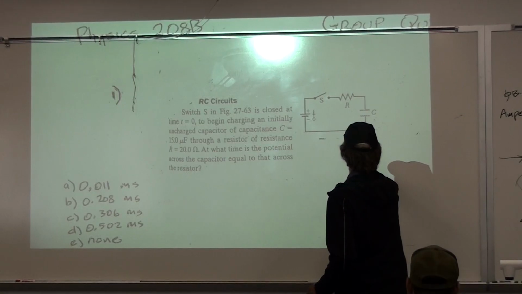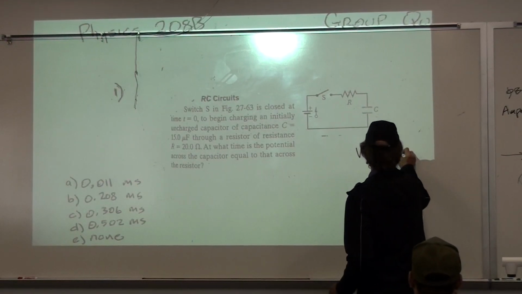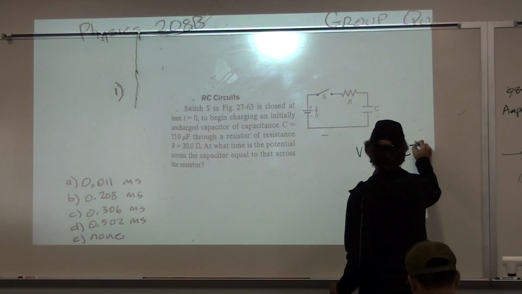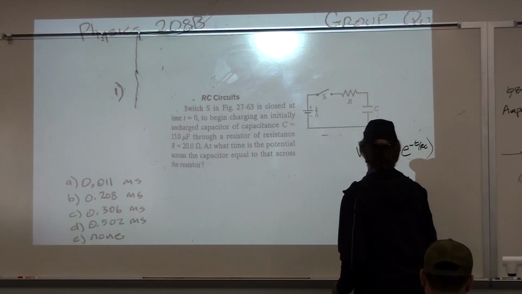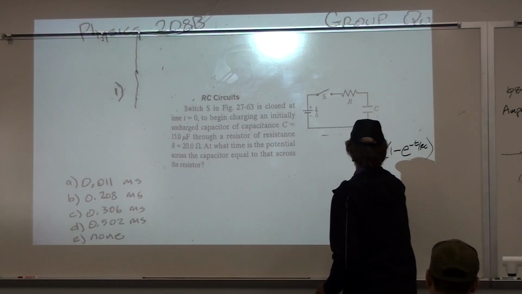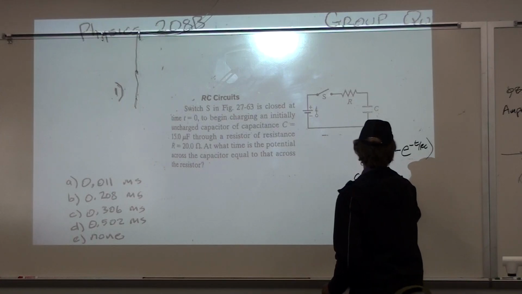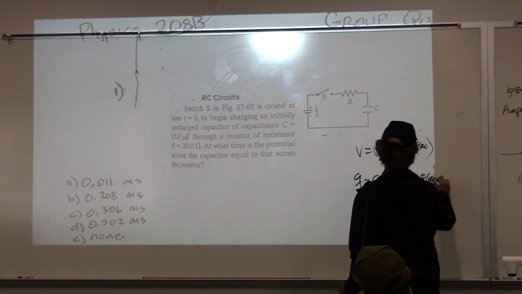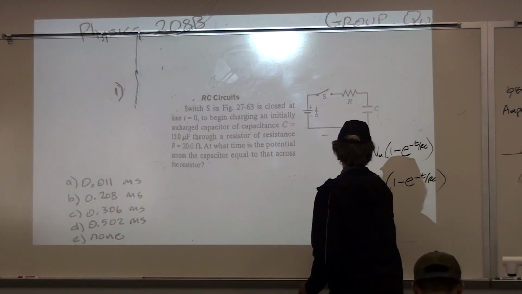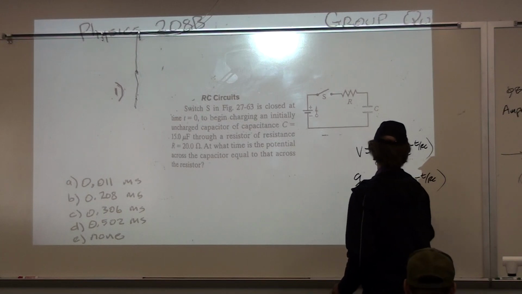And so you've got V equals V max times 1 minus e to the minus t over RC power. That's the voltage across the capacitor. You have Q equals Q max times 1 minus e to the minus t over RC power. Now the current is dQ/dt.